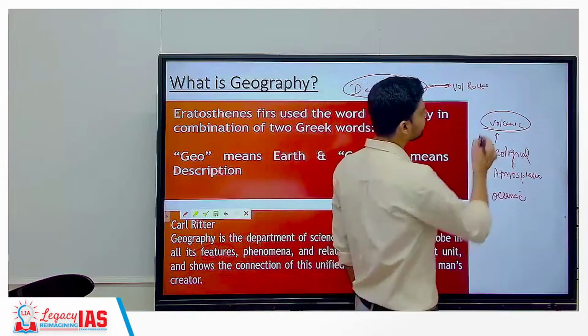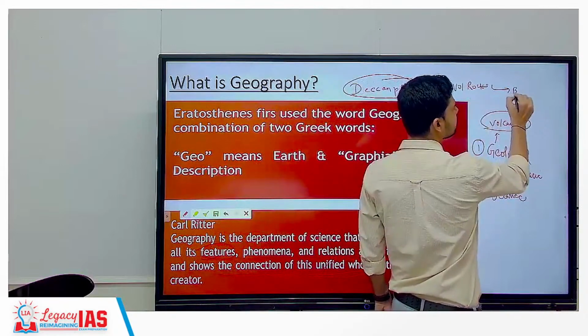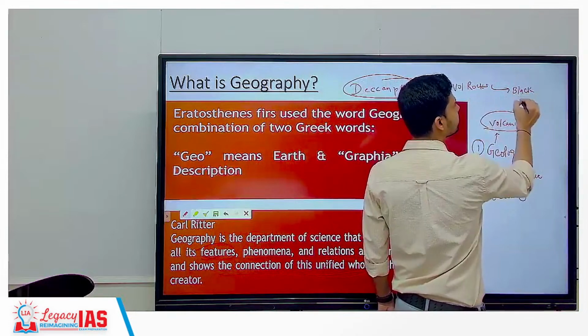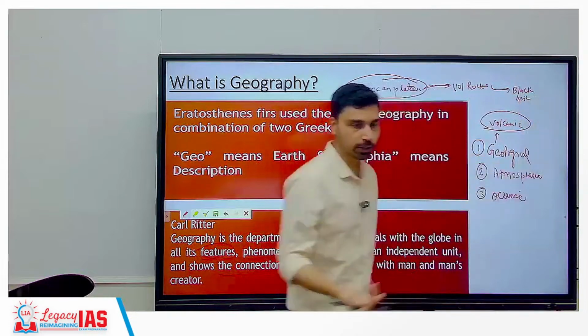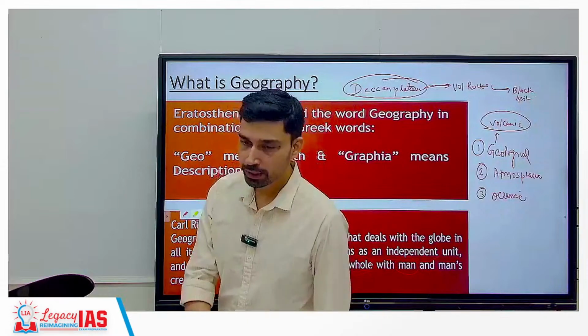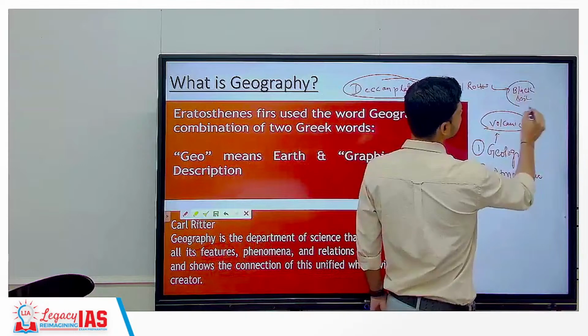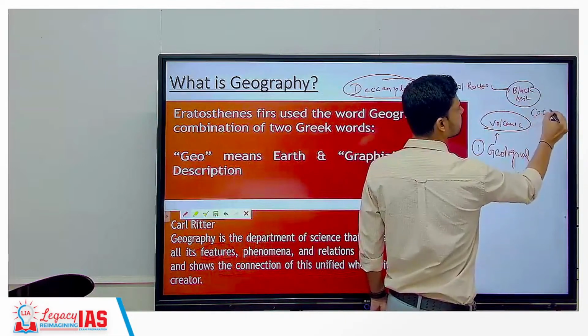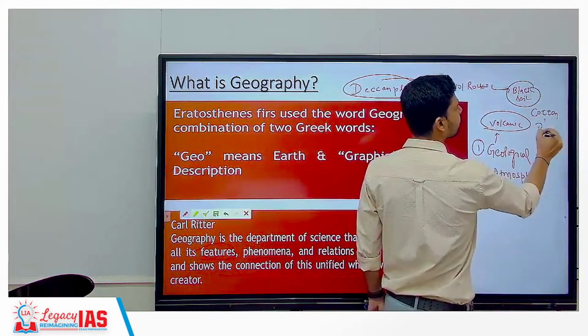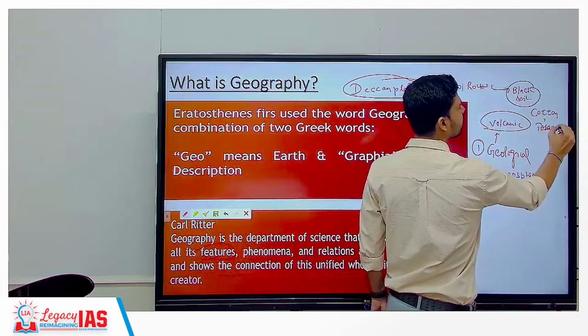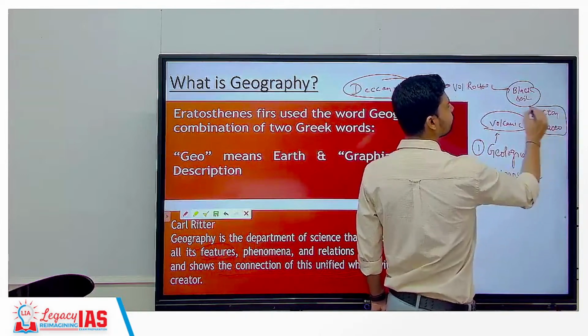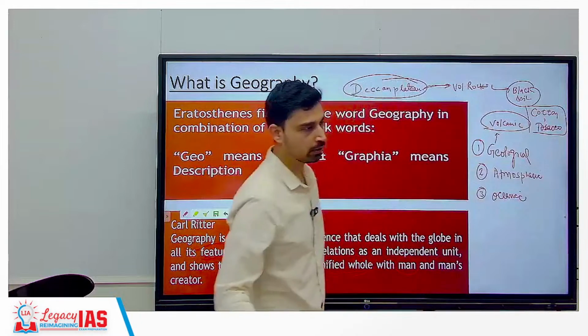Now, when volcanic rocks are eroded, which kind of soils form? The answer is black soil develops. And black soil is known for cultivation of which kind of crop? Cotton. Other crops can also grow, but largely cotton and tobacco. These are two predominant crops that are easily supported by black soil.